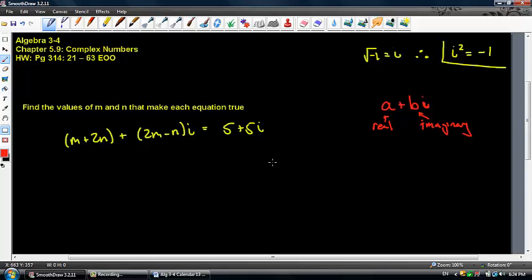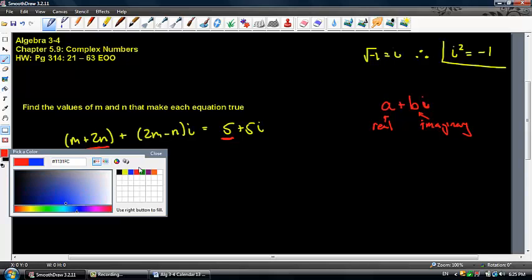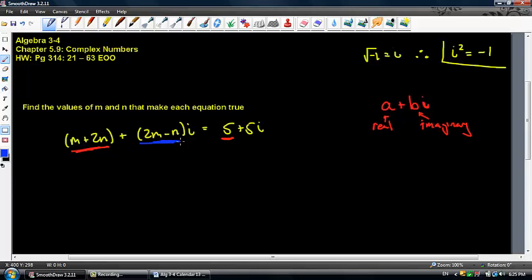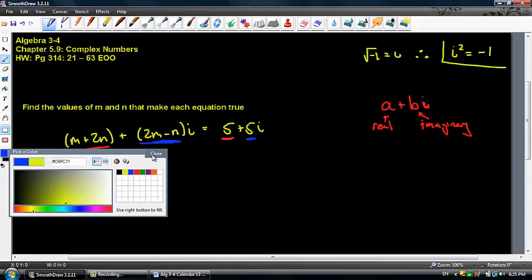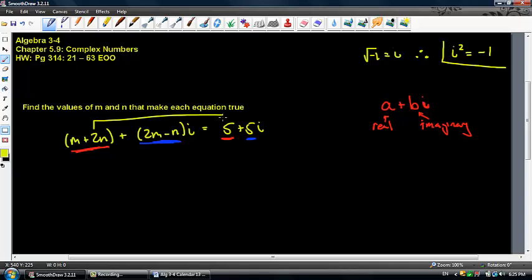Well, all you have to do here is identify what's the real and what's the imaginary. Well, the real is m plus 2n. The real on this side is 5. The imaginary portion is 2m minus n, and the imaginary portion is 5i right here. So why don't we go ahead and associate these?